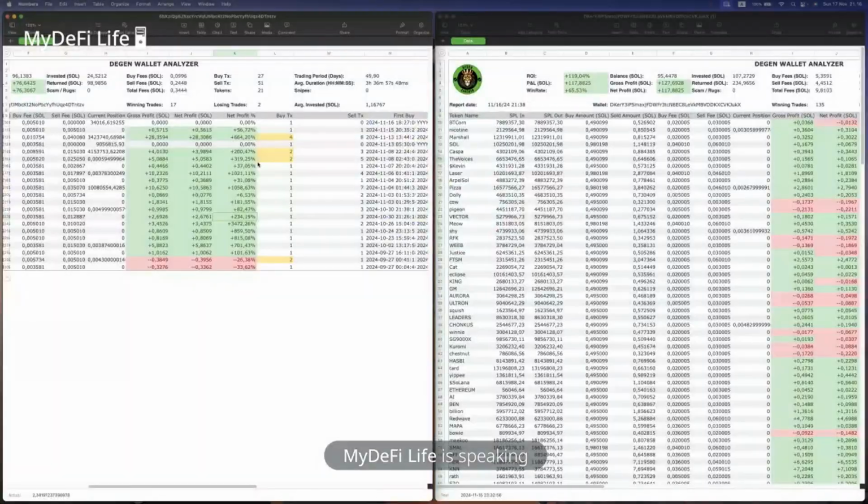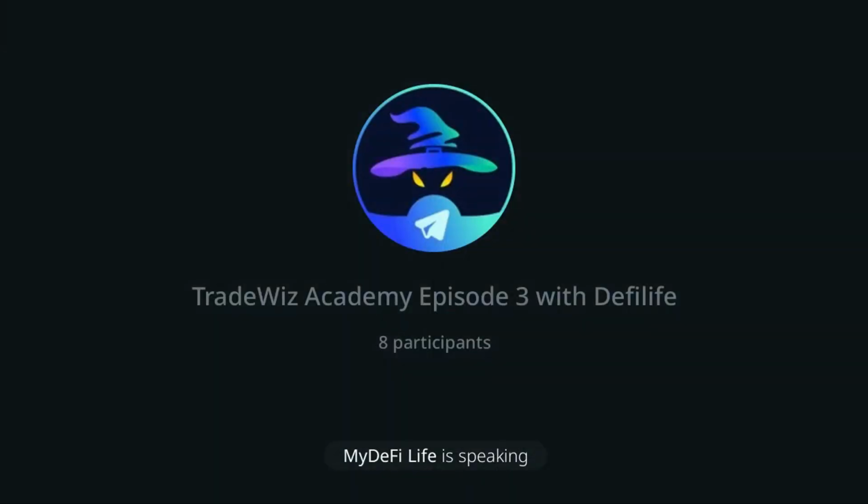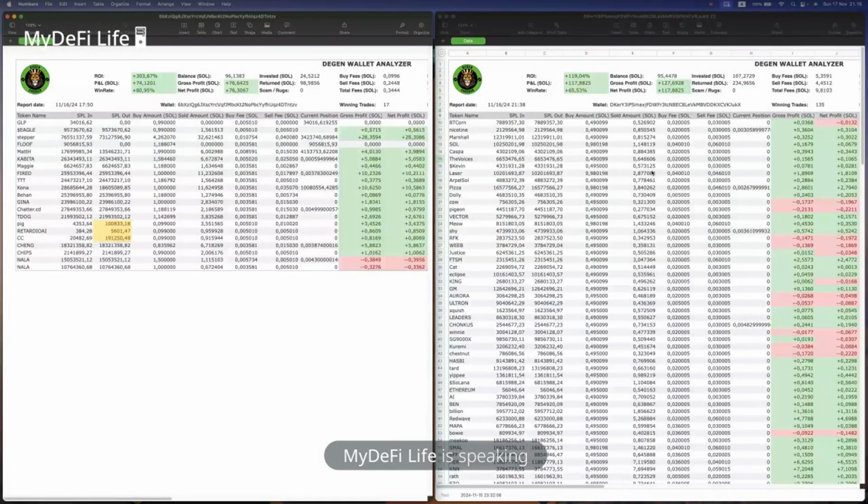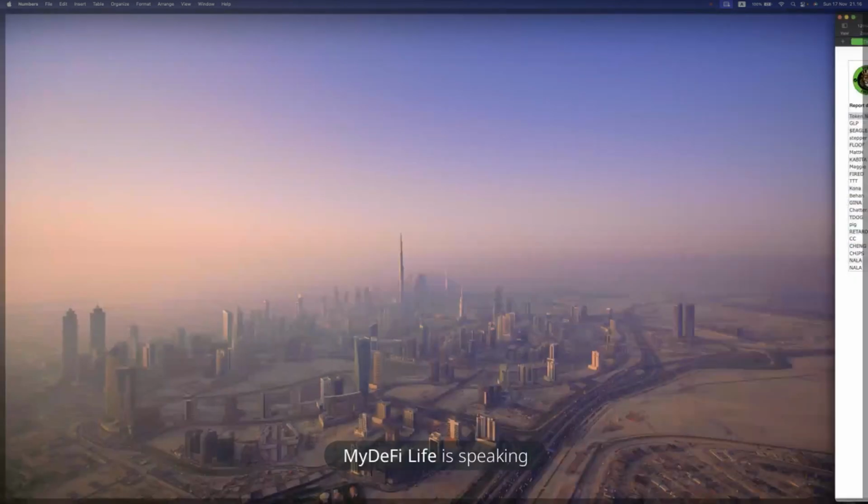So if we go through and compare these two wallets with each other, you can see the very reason why I wouldn't trade this wallet on the right and why I would prefer to trade this wallet on the left. I'm just going to grab my browser and I'll bring that over.